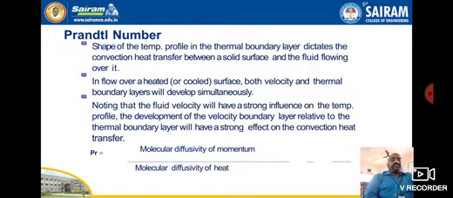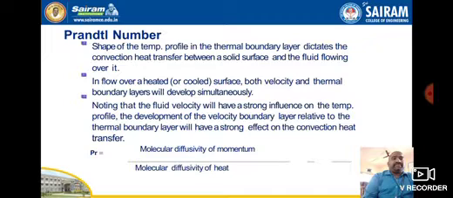Now another dimensionless number is the Prandtl number. The Prandtl number is nothing but the ratio of molecular diffusivity of momentum to molecular diffusivity of heat. Let us discuss the significance of the Prandtl number. The shape of the temperature profile in the thermal boundary layer dictates the convection heat transfer between the solid surface and the fluid flowing over it.